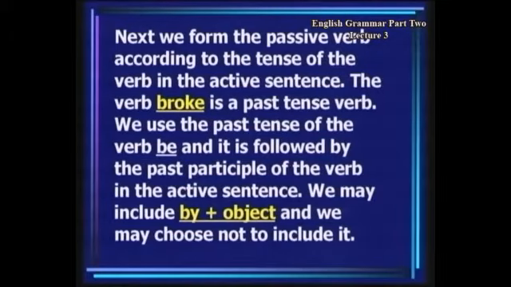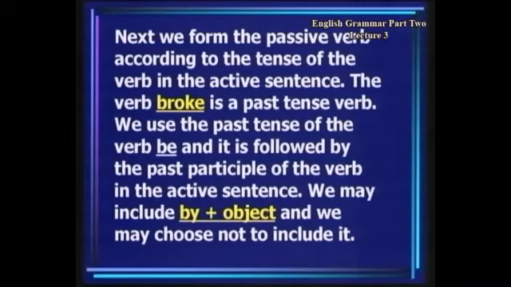We use the past tense of the verb be, and it is followed by the past participle of the verb in the active sentence. يعني إيه؟ Ahmed broke the window. Broke is a past tense verb. But that means what? That my sentence in the passive voice should also be a past tense sentence. لازم هي كمان تبقى في الماضي.